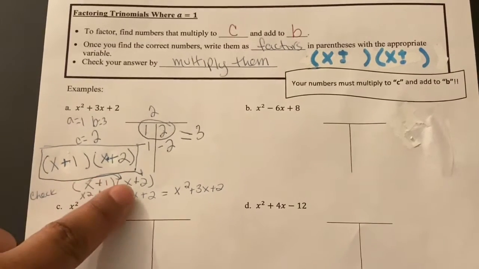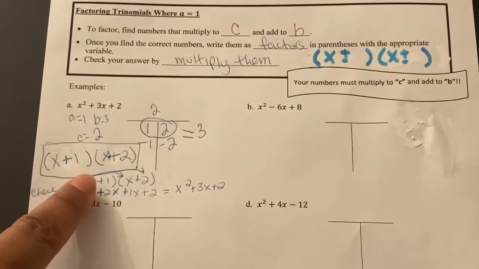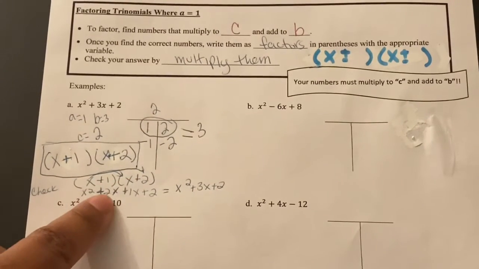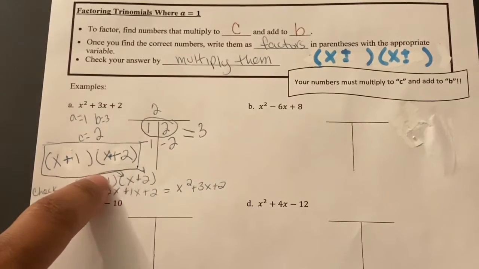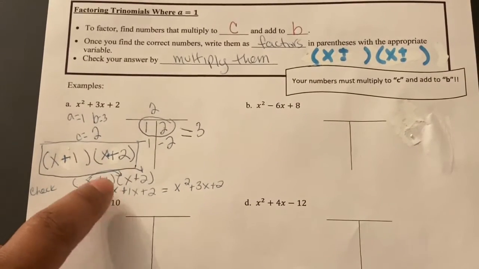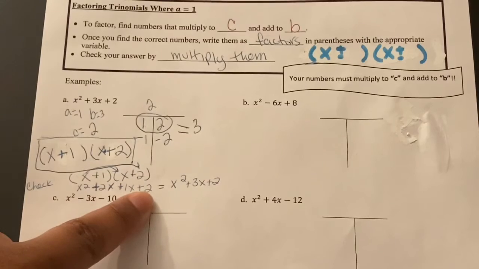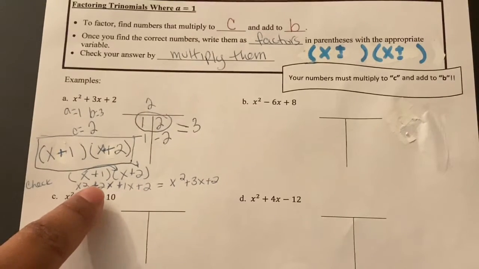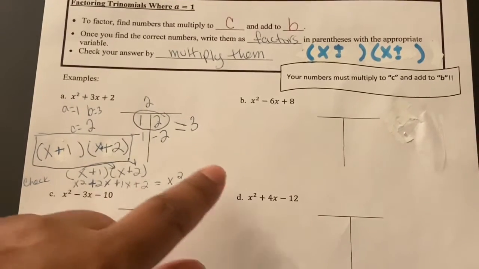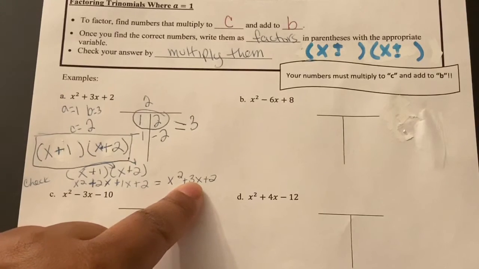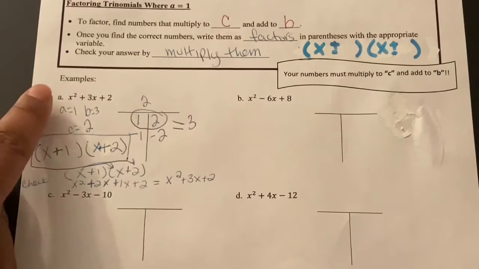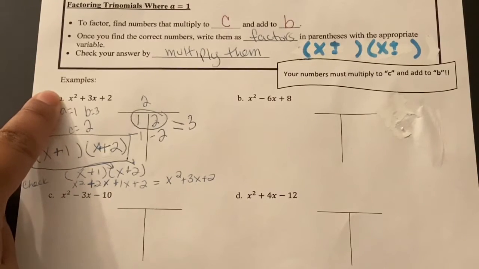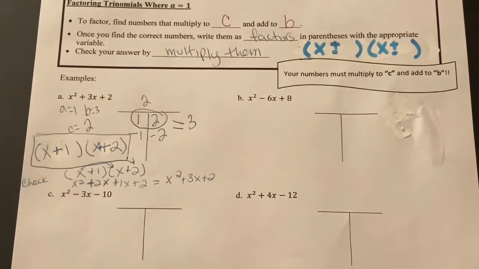Okay, x times x is x squared. x times positive 2 is positive 2x. 1 times x is 1x, and then 1 times 2 is positive 2. Combine my like terms, 2x plus 1x is 3x. So now I have x squared plus 3x plus 2, which is what I had in the beginning. Let's do another example.